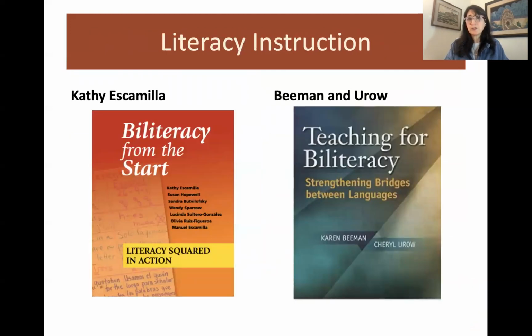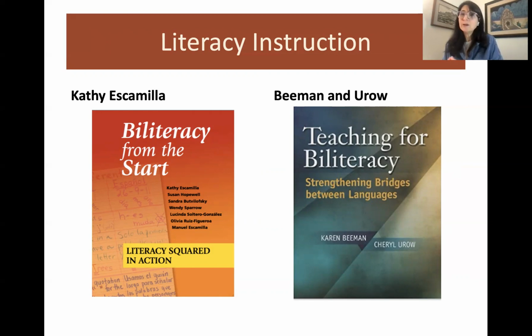So this is what I was mentioning about the different proponents of language allocation in literacy and in the rest of the instruction. So for example, Kathy Escamilla and her team wrote Literacy from the Start. They have a model, or program, called Literacy Squared, and they have great research on how it is effective.